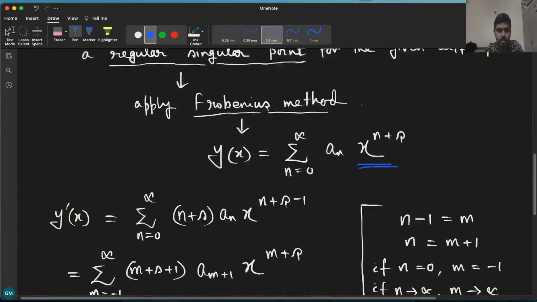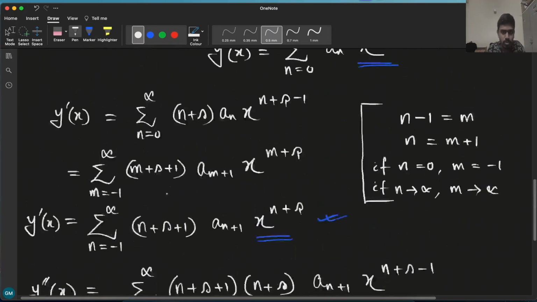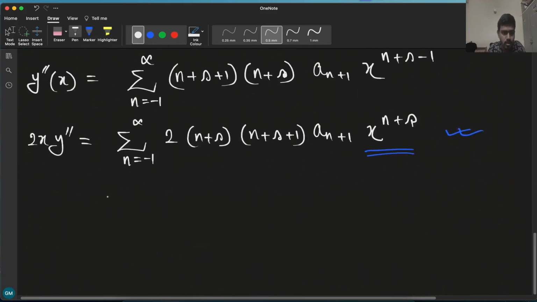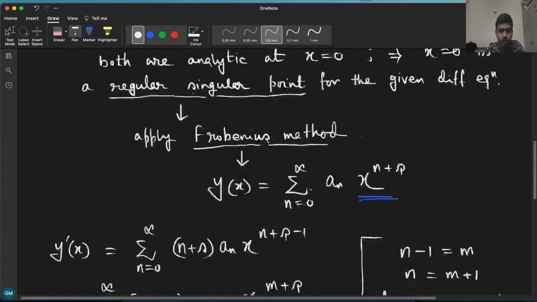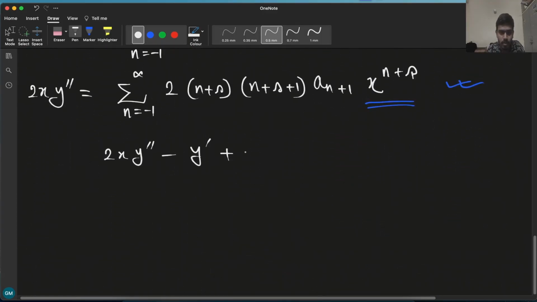So the differential equation is 2x y double dash minus y dash plus 2y equals 0.